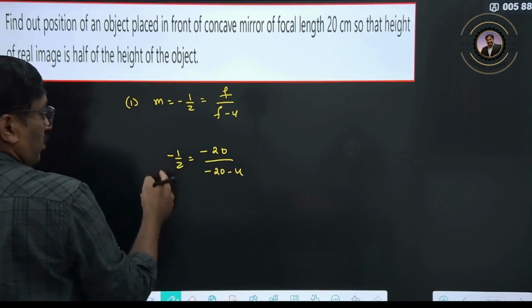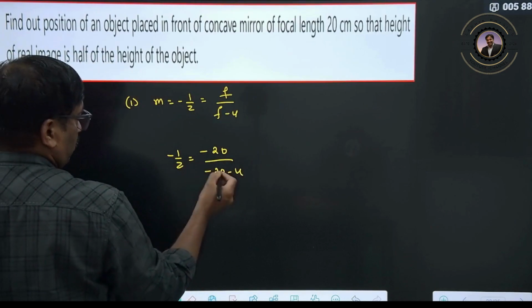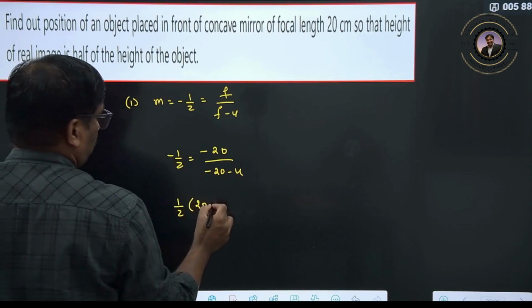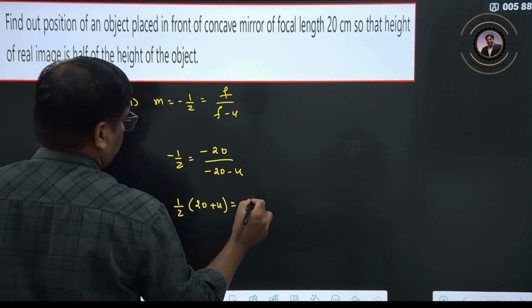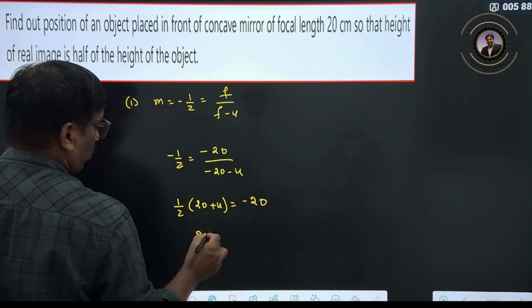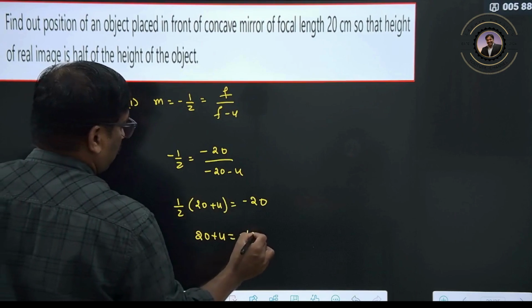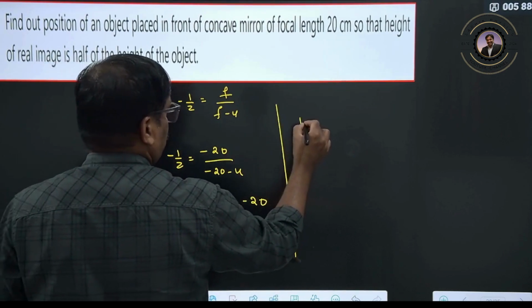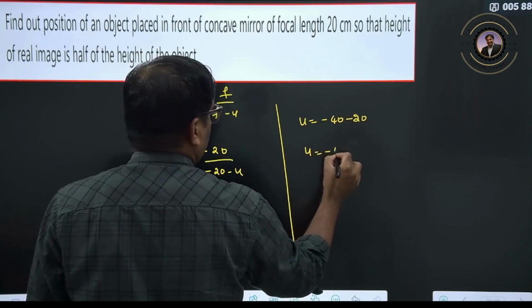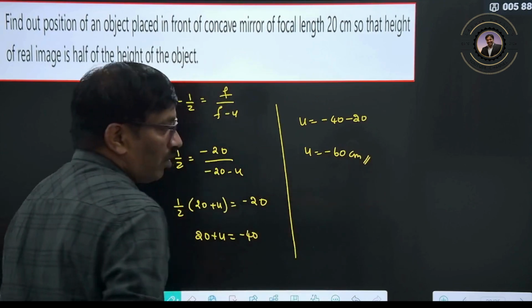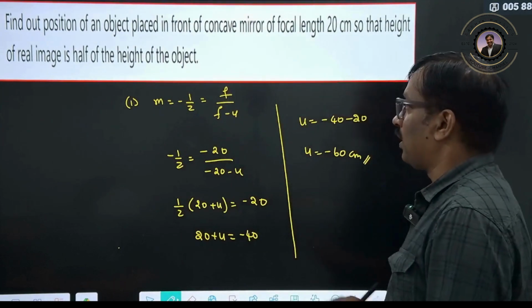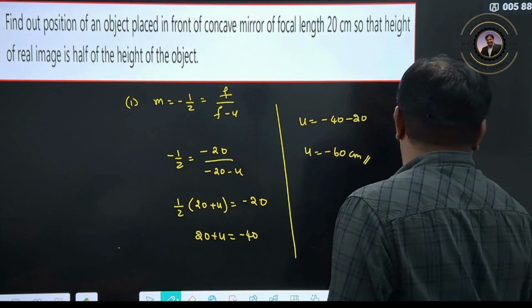Then 1 by 2 into (20 plus u) is equal to minus 20. Multiply it: 20 plus u is equal to minus 40. So u is equal to minus 40 minus 20, so u is equal to minus 60 centimeter. That's what I told you, it should be greater than 40. Clear? In this way you can solve the problems.